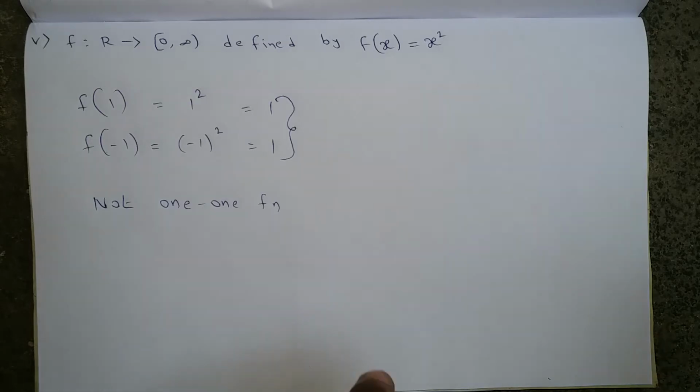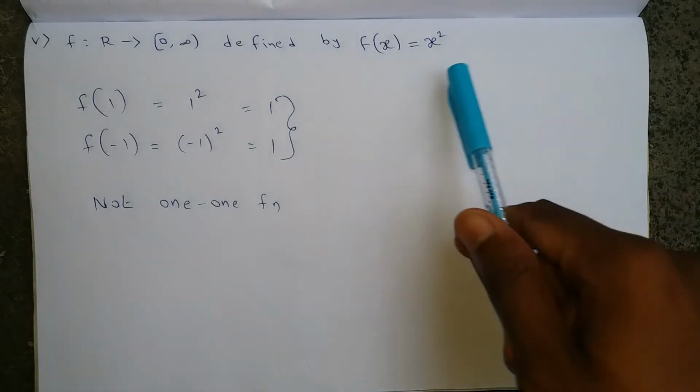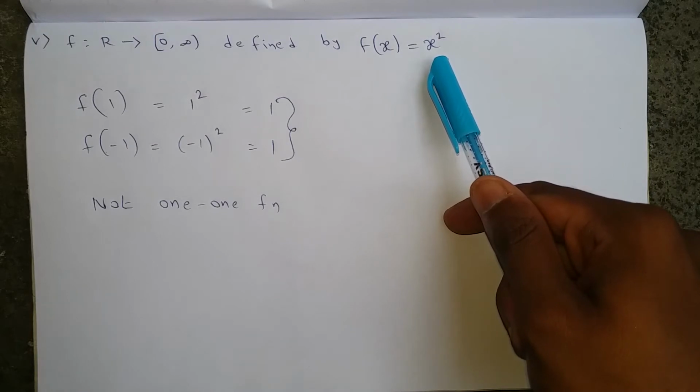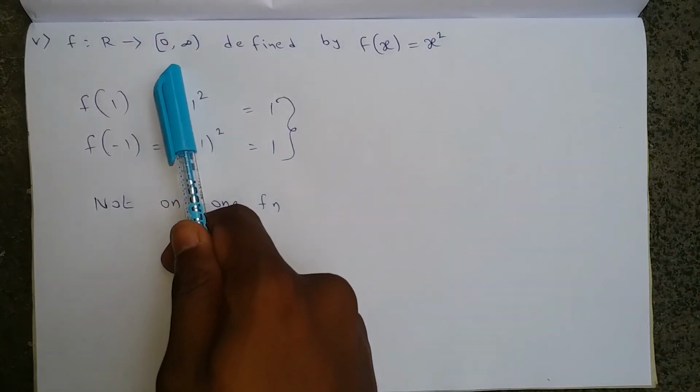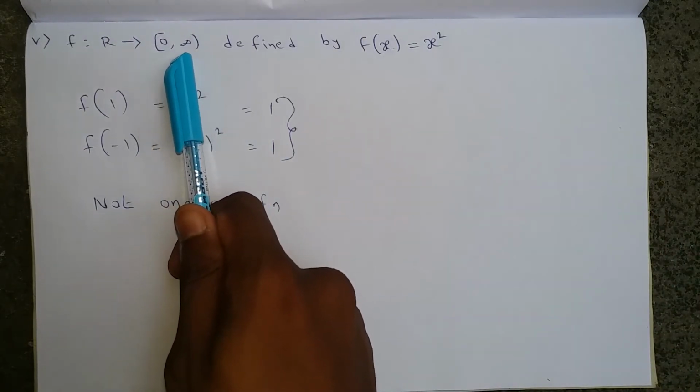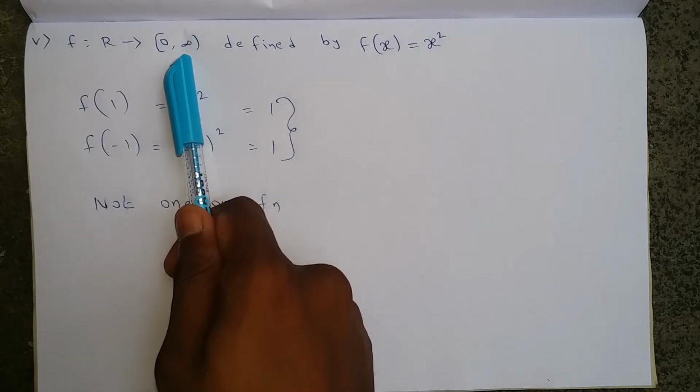Next, surjection we need to check. First of all, what is a surjection? Surjection is nothing but the range and the codomain being equal to each other. Range is when we substitute some number in the place of x, we get some answer, and that answer is the range. Here the codomain is given as 0 to infinity.